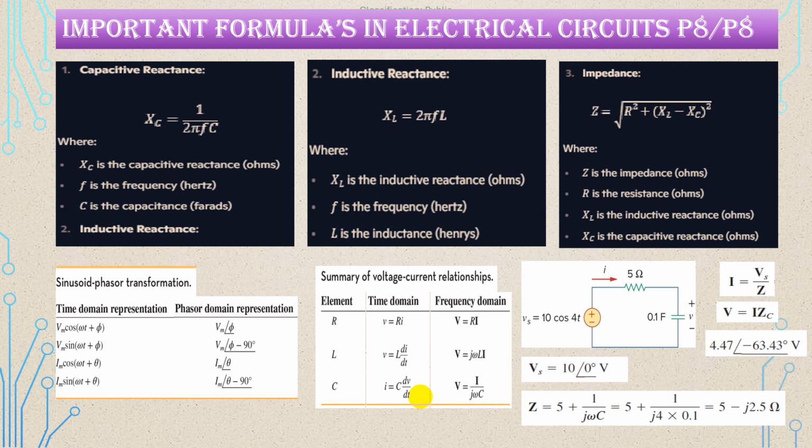A by B, automatic division, and the angle is theta 1 minus theta 2. The angle that goes up becomes minus. So polar form for division, remaining all rectangular form. So here this rectangular form can be converted to polar and divide 10 at an angle 0 with this one. Then you will get the answer 4.47 at an angle minus 63.